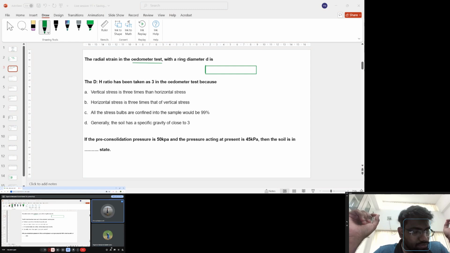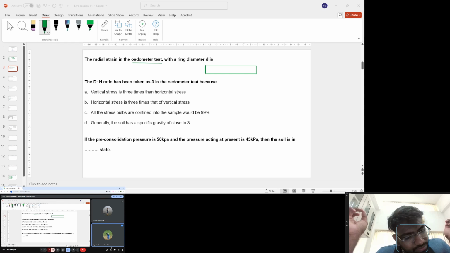It's consolidation. So how many directions of consolidation can you study in this? In one direction, which is vertical, right? Why not horizontal or radial? Yeah, because I think it works on Terzaghi's one-dimensional consolidation principle.